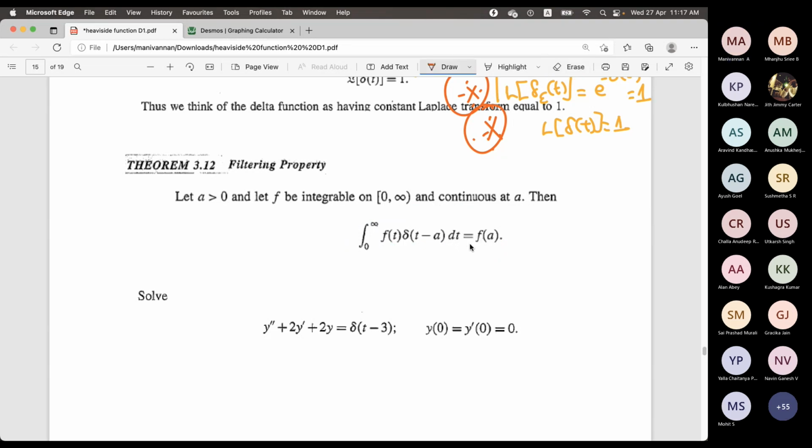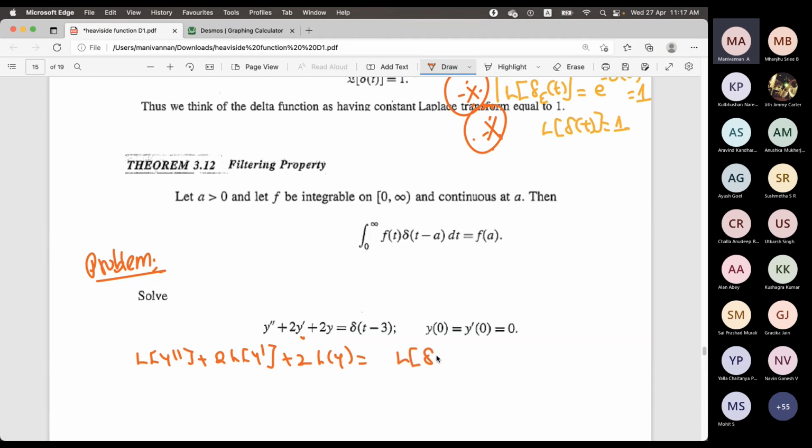Yes, sir. Now a problem using Laplace transforms for solving ordinary differential equations: y double dash plus 2y dash plus 2y equals delta of t minus 3. Now we are familiar with this, right? Solving the ODE, I'm going to take the Laplace transform, so L of y double dash plus 2 L of y dash plus 2 L of y equals L of delta of t minus 3.